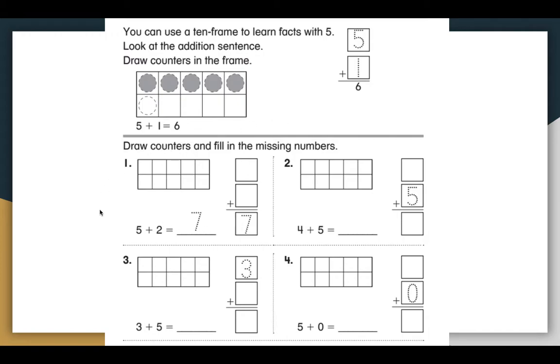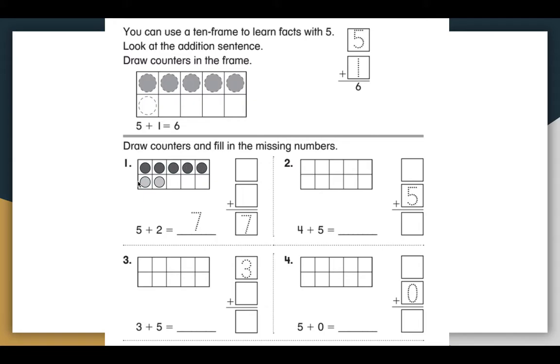So if we look at number 1 as an example, I see 5 plus 2 equals blank. I'm going to always start with the 5, so I'm going to put 5 on my tens frame and draw that in. 1, 2, 3, 4, 5. I have 2 more, so I'm going to use a different color, maybe not color these ones in as much, to add 2 more on the tens frame. 1, 2. I can see that either by counting on or by looking at the tens frame that I have 7.